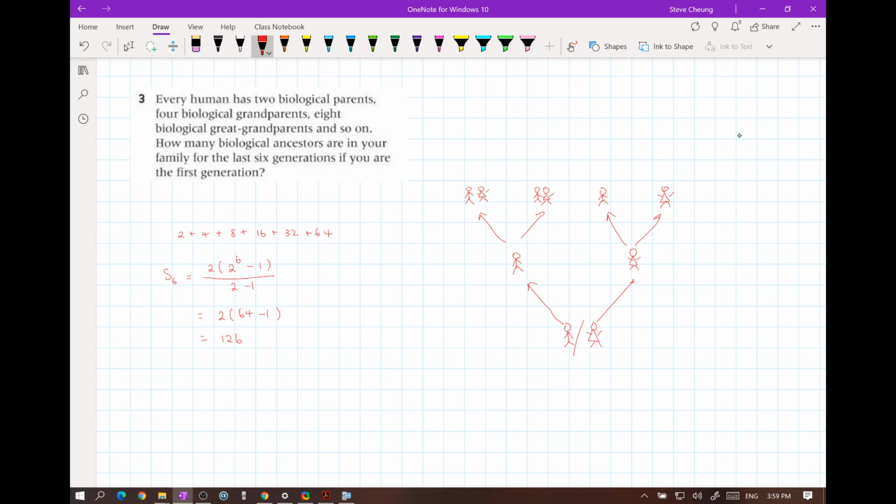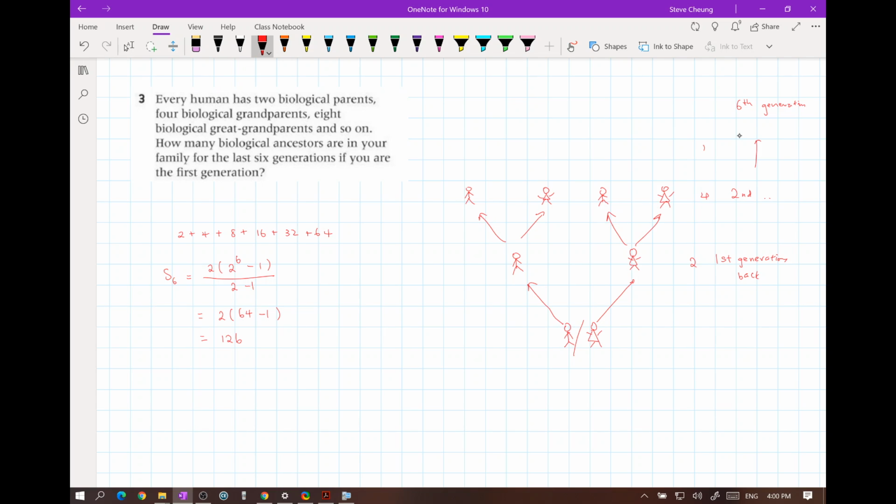Okay, so this is our last generation. So I guess you can say first generation back, and then second generation back, and then you just want to do it for the sixth generation back. And then you should see that there will be 2, 4, let me complete this. 2, no, I was right before. 2, yes, you don't want 4 parents.